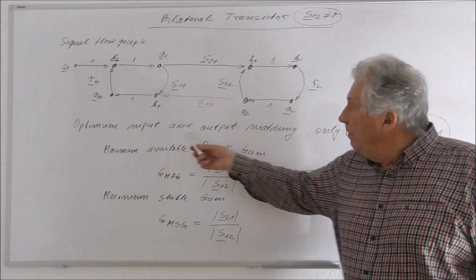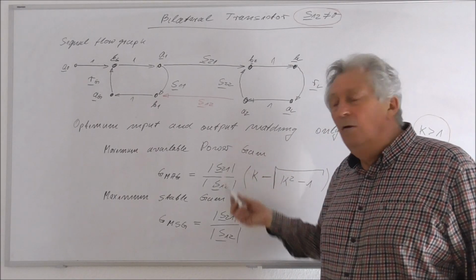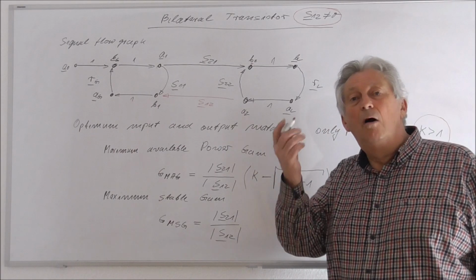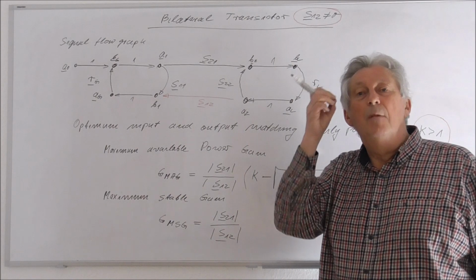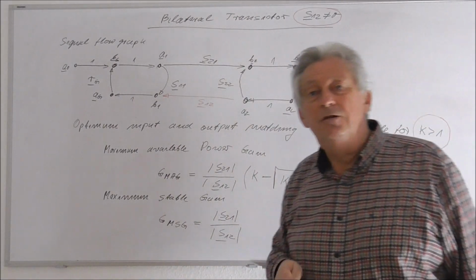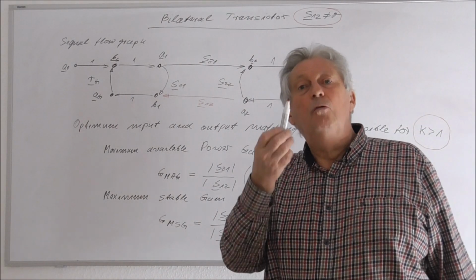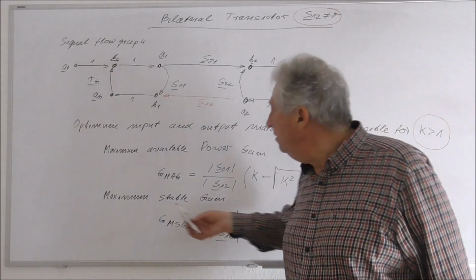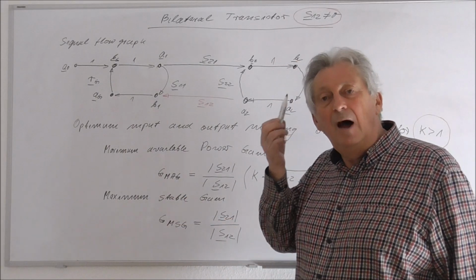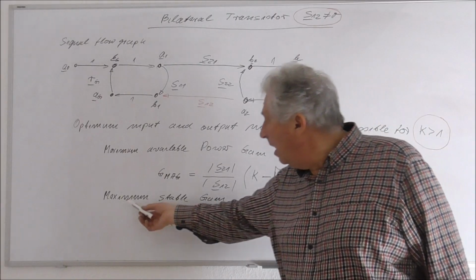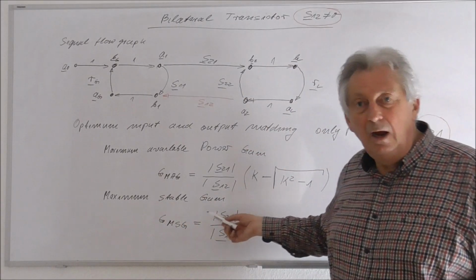And so this maximum available power gain is now the gain which you can in maximum get out of a transistor. And to get a crude approximation for the case of an unstable transistor, we define the maximum stable gain.